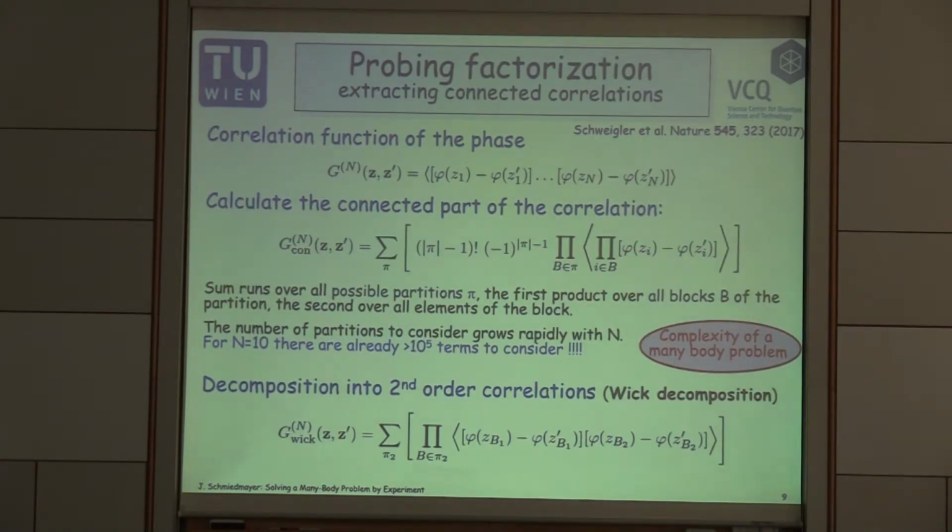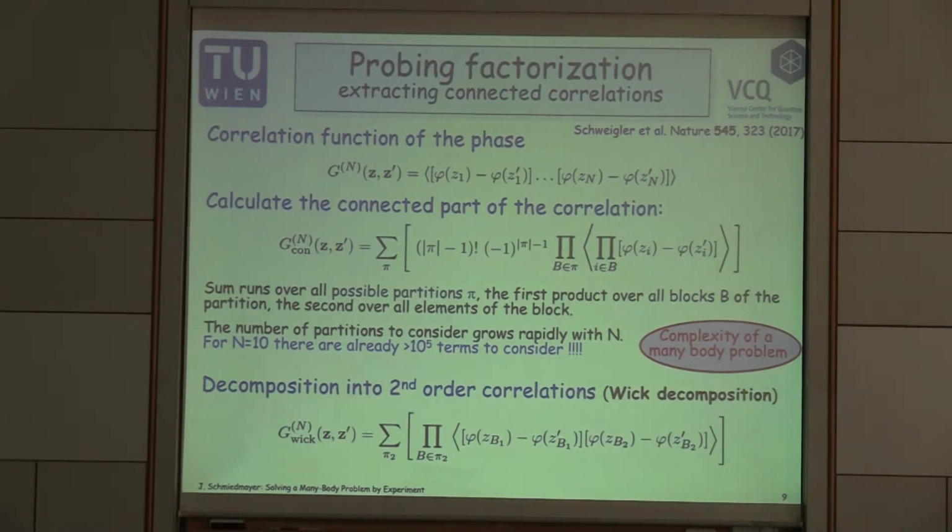If I take a correlation function of the phase, because we'll use the correlation function of the phase, you can calculate the connected part from a sum over all possible partitions of lower-order correlation functions, and that's a horrible way to evaluate. For example, in our experiment, if you want to calculate the connected part of a 10th-order correlation function, we have to evaluate way more than 10 to the 5 terms from our experimental data. That tells you how much complexity is in a 10th-order correlation function.